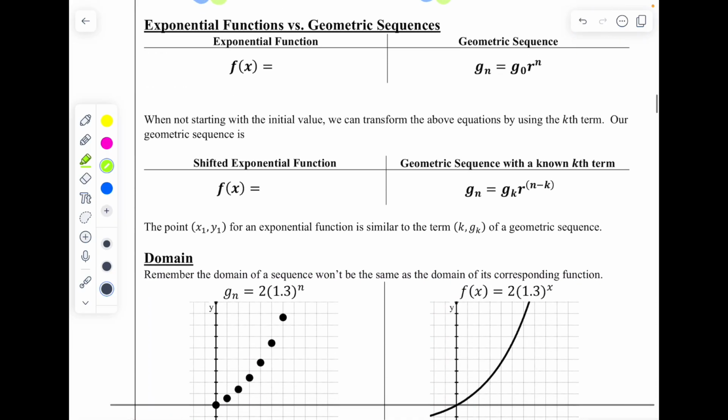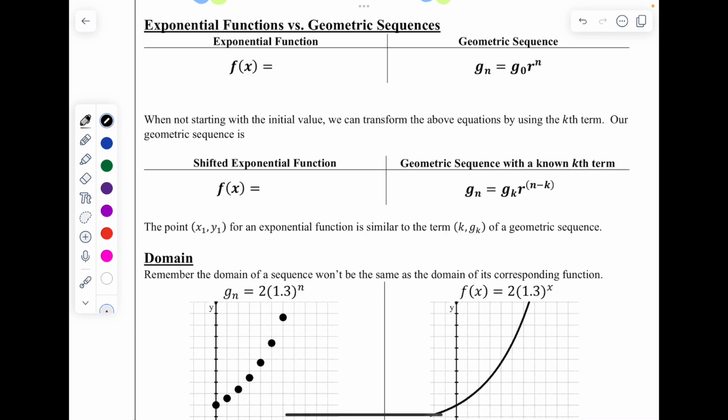So let's talk now about how exponential functions and geometric sequences are very similar. What do we know about an exponential function? If you remember from before, an exponential function is some value a times the base number raised to the exponent.